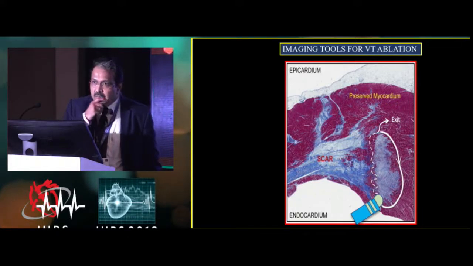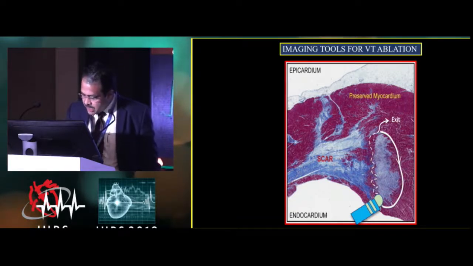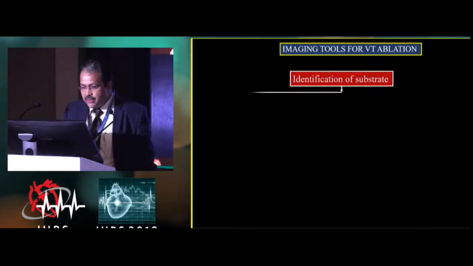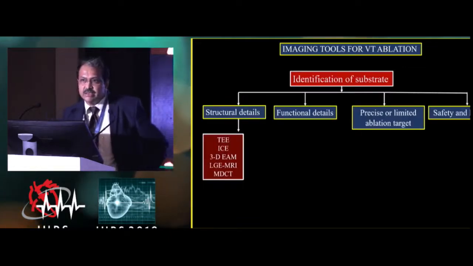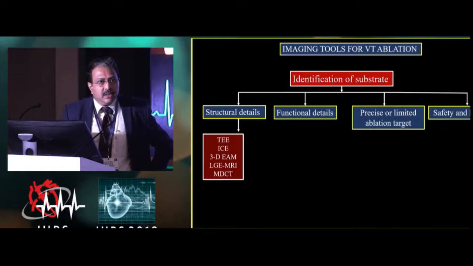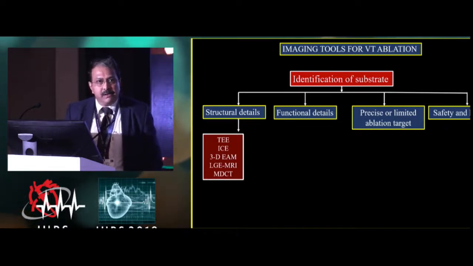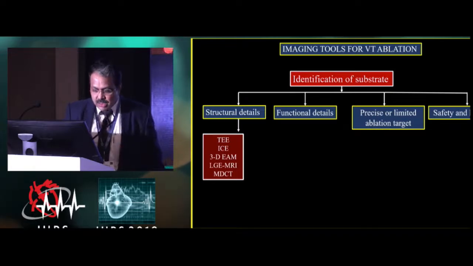Maybe the safety is also increased, and what's more important, you would also be able to reduce significantly the fluoroscopy exposure. So there are a variety of imaging modalities to achieve this. For the structural details, your simple echocardiogram or TEE, intraprocedural ICE, 3D electroanatomic mapping, and late gadolinium enhanced MRI, which we just now learned from Karthikeya, and CT scan images.